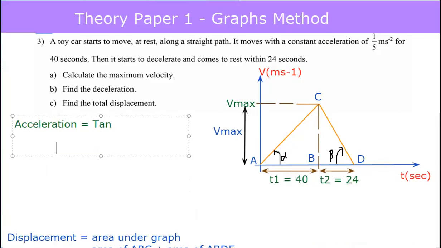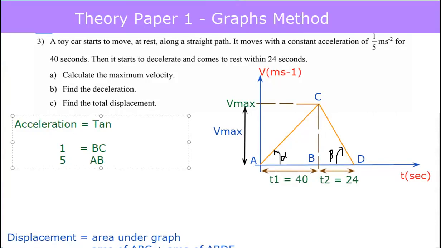They have given the acceleration as 1/5, right? What is tan alpha here? According to the ABC triangle, tan alpha means BC, the opposite side, divided by the adjacent side, that is AB.